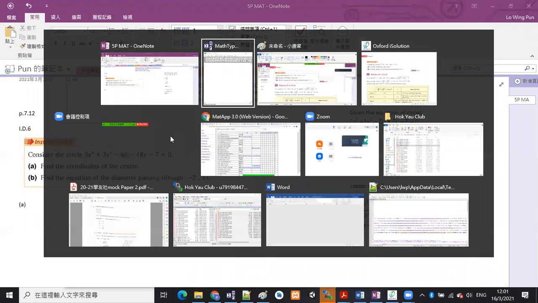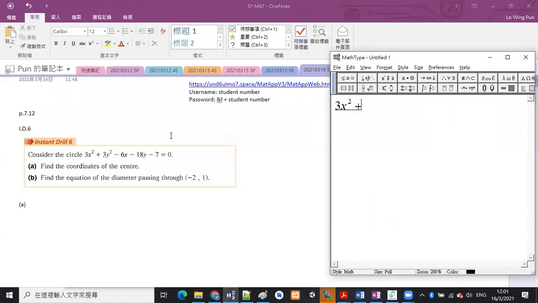But careful, it is not ready to write down h and k, because it is not 1x squared plus 1y squared yet. We need to scale down the equation by dividing each term by 3.